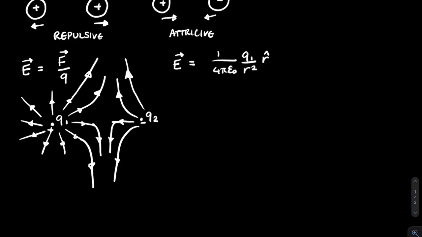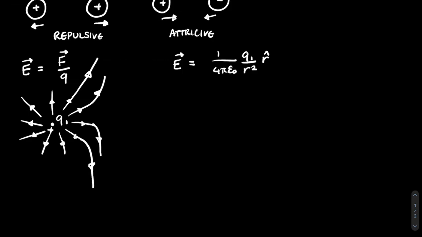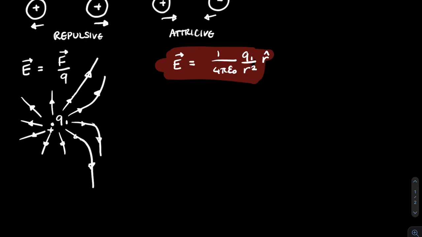And of course it's going to be in the r hat direction as well. So the electric field is what just one of the charges will produce, whereas the force is what another charge, Q2, will feel in the presence of the electric field generated by Q1. So there you go. I'll give that a highlight because that is a pretty important equation which we'll be needing a lot.